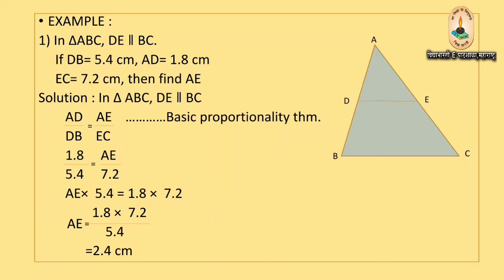By cross multiplication, we get AE into 5.4 is equal to 1.8 into 7.2. Therefore, AE is equal to 1.8 into 7.2 upon 5.4. Now simplify this and we get the answer 2.4 centimeter. Thus, AE is equal to 2.4 centimeter.